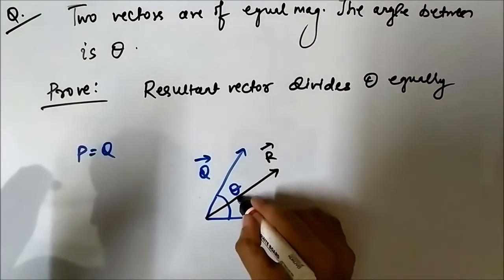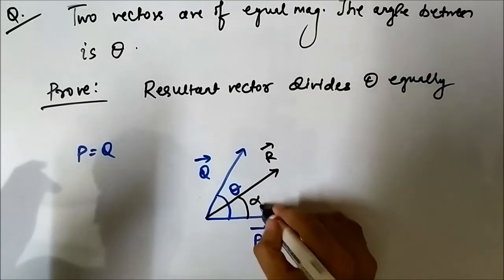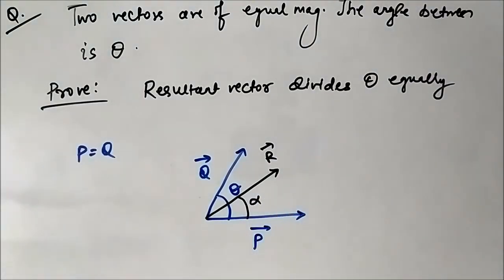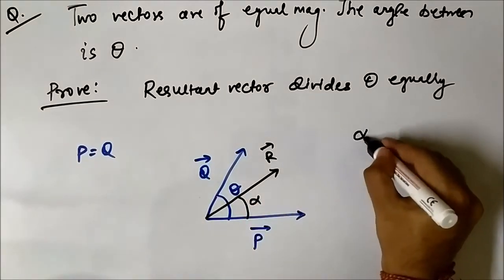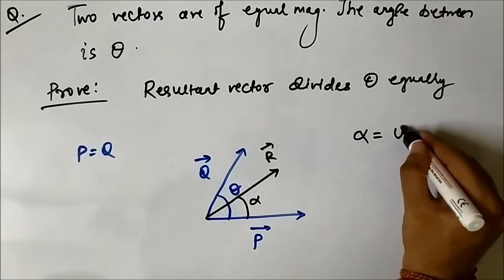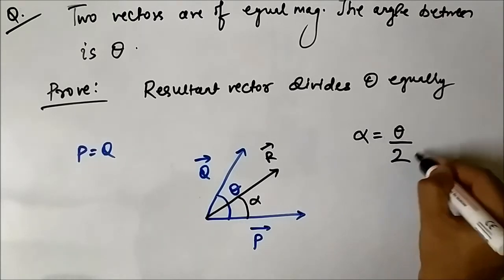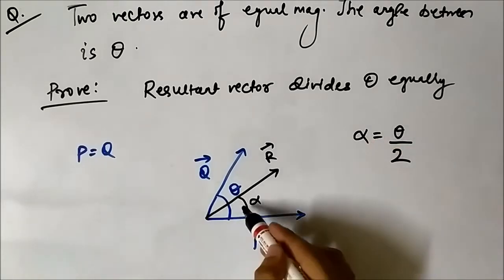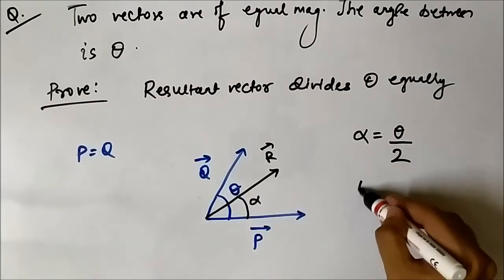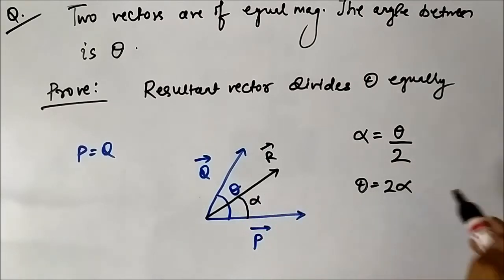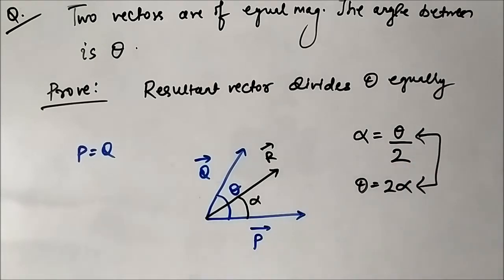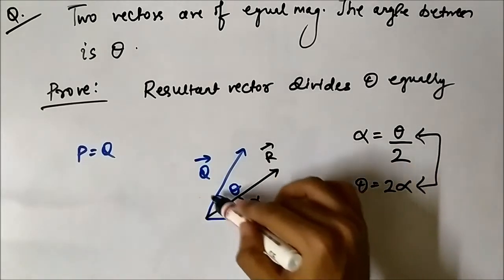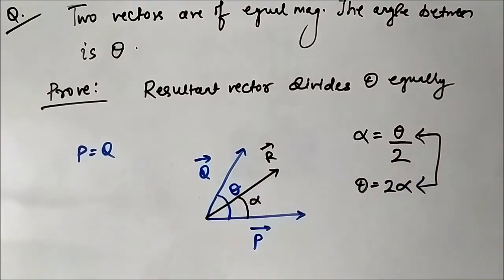Let's say the resultant makes an angle alpha with respect to the x-axis. So we have to prove that this angle alpha is equal to theta by 2, or theta is equal to 2 alpha. Both of them are the same. The resultant divides this angle theta equally into two parts.